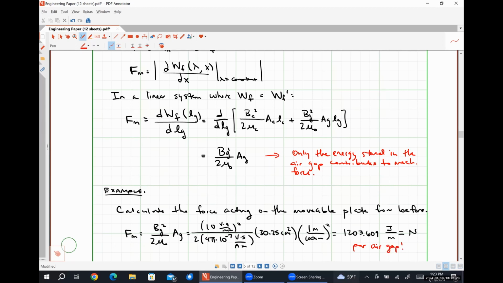So over 1,000 newtons of force is acting on our movable plate due to the energy stored in each of the air gaps. So that's a very, very strong attractive force, which is exactly what we want because this is a relay. We want effectively it to snap closed, right? As an aside here, I want us to work another example.